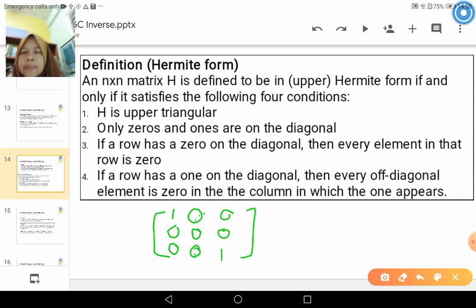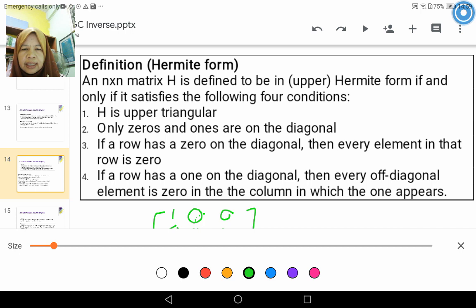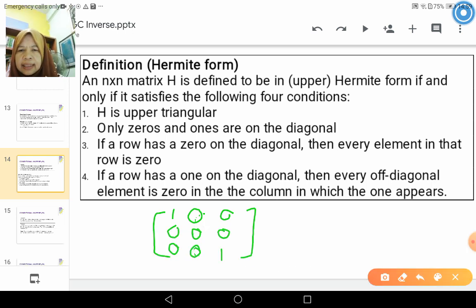H is upper triangular, so this matrix is upper triangular. Only zeros and ones are on the diagonal. If you see here, this is the diagonal, and the diagonal is only 0 and 1.